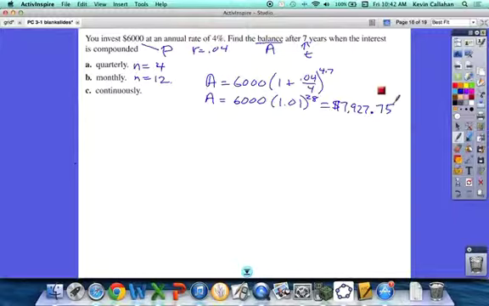Right, so what will change in our formula now that we have N equals 12? The N goes to 12, everything else is the same. So A equals 6,000 times 1. I'm gonna leave it like 1 plus 0.04 divided by 12, so I don't lose anything. And now it's 12 times 7.